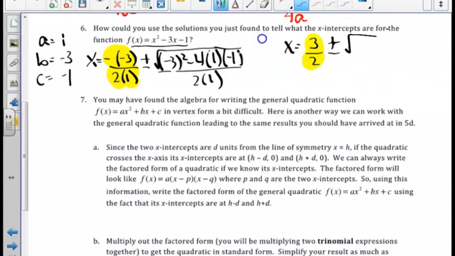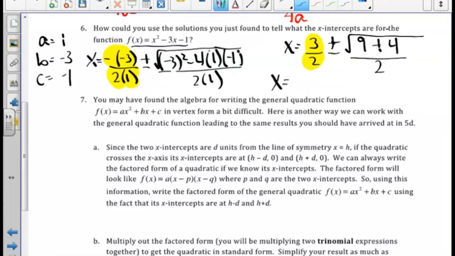We keep going here. Let's simplify what's under the square root. We're going to have 9, and negative 4 times 1 is negative 4. Negative 4 times negative 1 is plus 4. And divide that whole thing by 2.